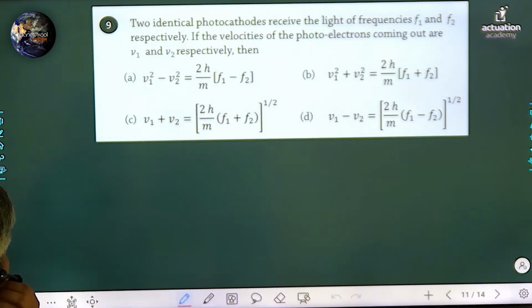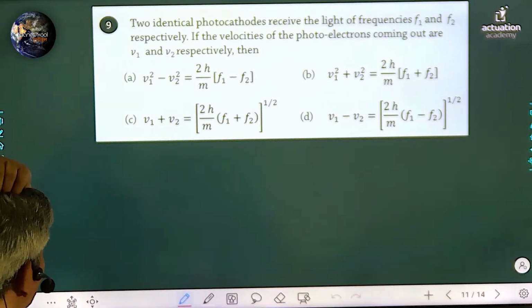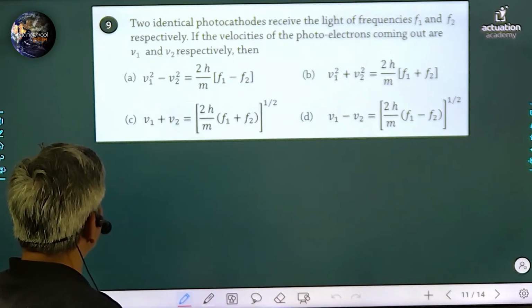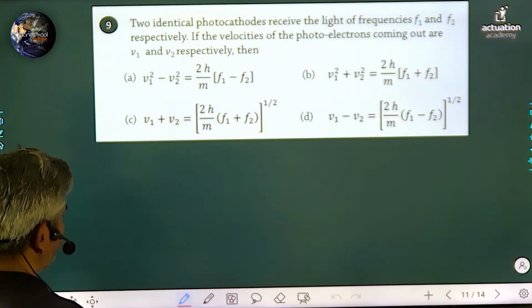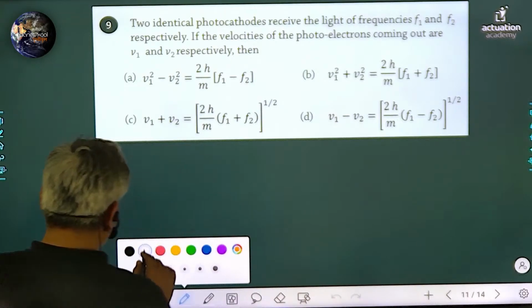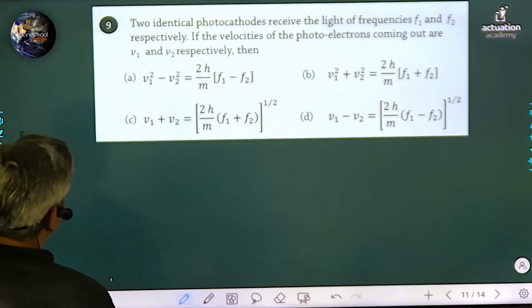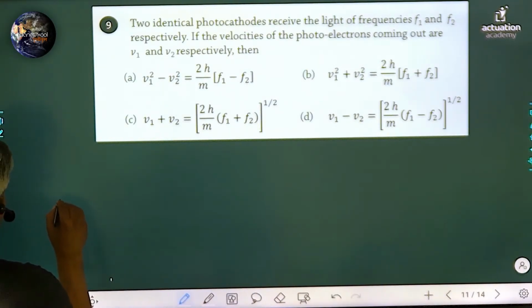There are two identical photocathodes that receive the light of frequencies f1 and f2 respectively. If the velocities of the photoelectrons coming out are v1 and v2 respectively, then... So in the question, it's given that there are two photocathodes.